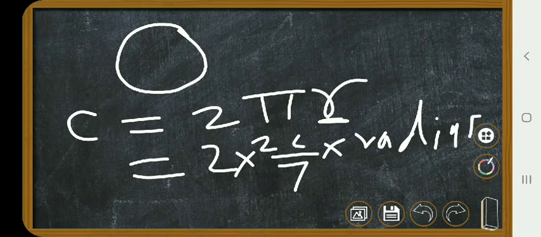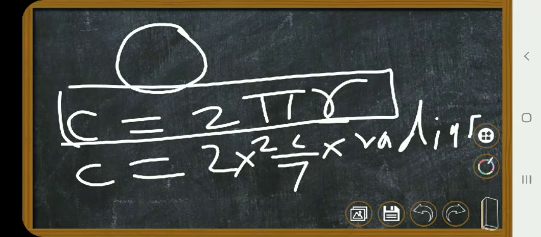So to find the circumference of a circle, this is the formula 2 pi r, where this pi is called a constant. And the diameter is 2 times the given radius of the circle.